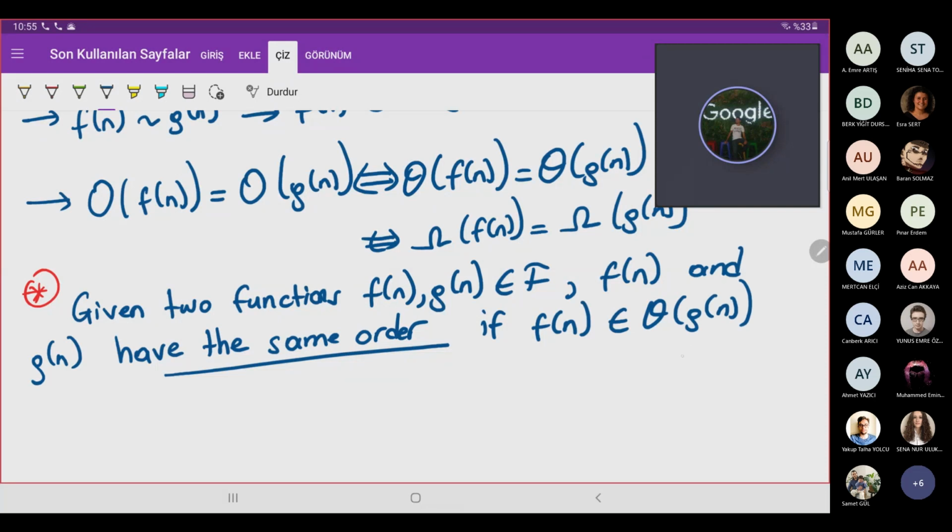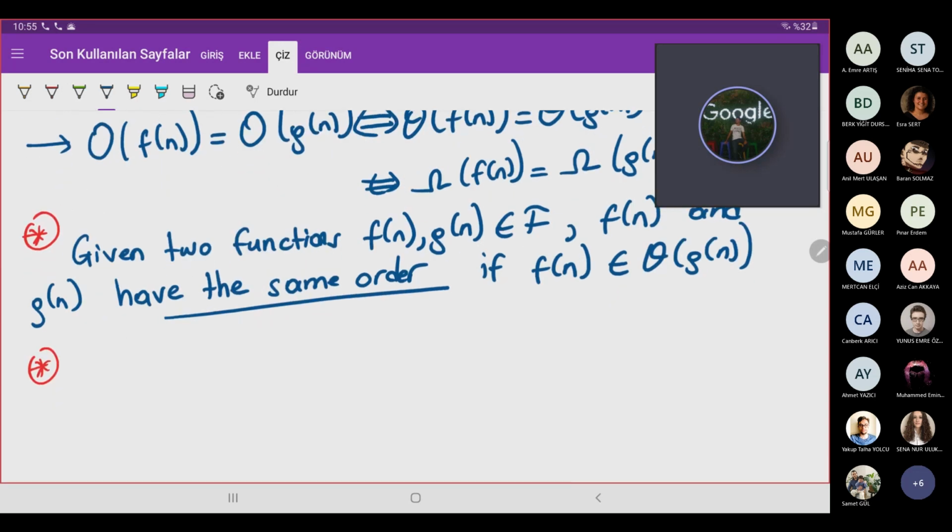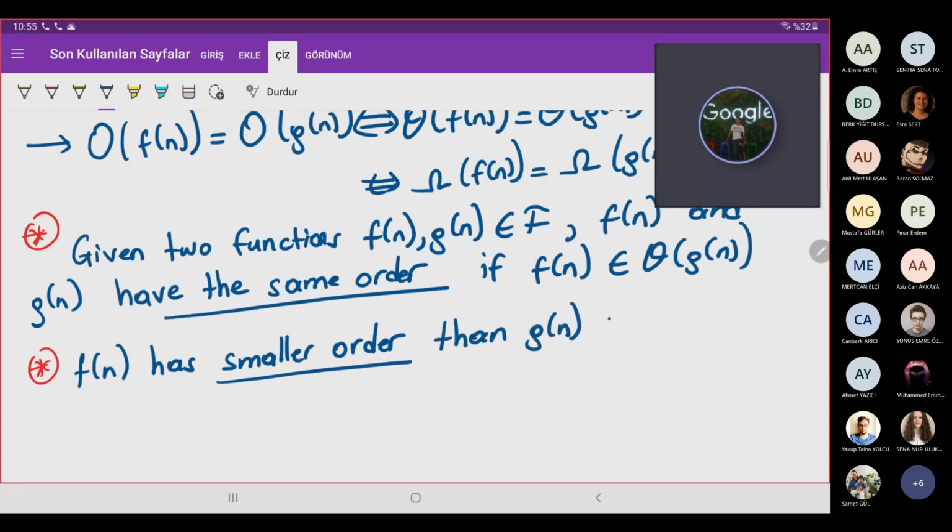We say that they have the same order. Fn has a smaller order than Gn if big O Fn is a proper subset of big O Gn.